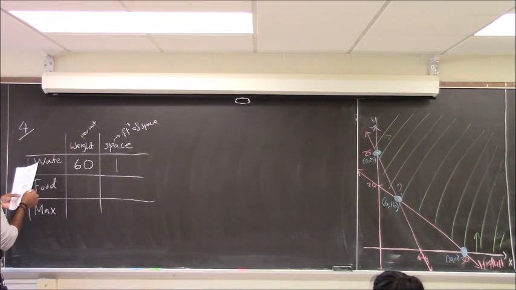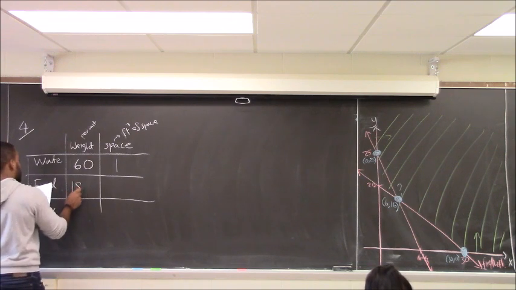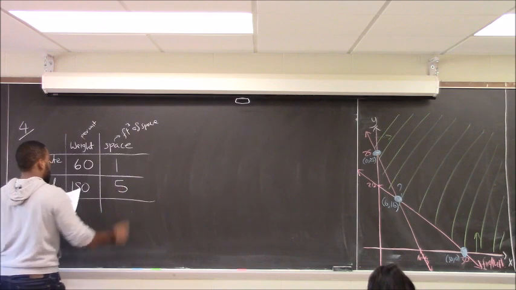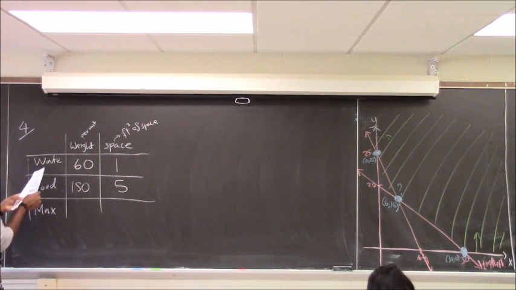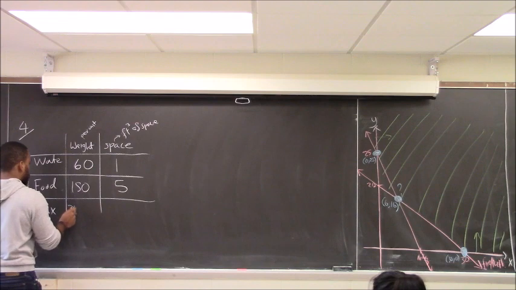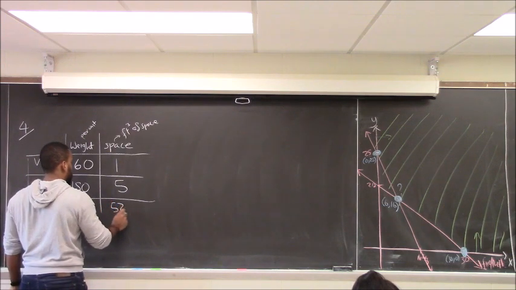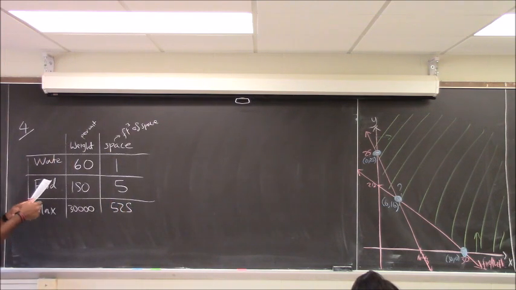Okay, each container of food weighs 150 pounds and takes up 5 cubic feet of space. Now our plane can carry a total of 30,000 pounds and 525 cubic units of space.